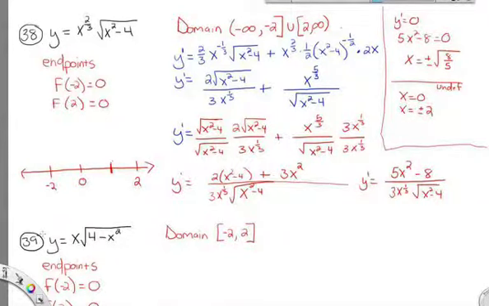So something interesting has happened on this problem. And that is why it is important to consider your domain. I have found 3 critical values: 0, positive -2, and positive negative square root of 8/5.